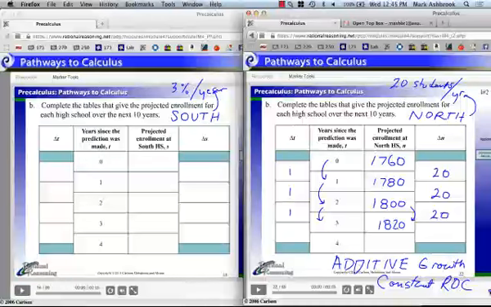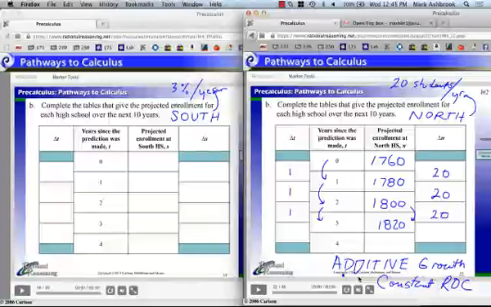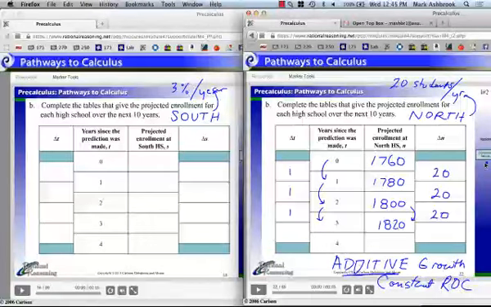So when you have constant rate of change, you always add the same number every time you increase the input. You add the same number to the output, or subtract. It could be subtract, okay? Is it exponential growth? No, because we're not multiplying, we're adding 20 every time, and that's constant rate of change. A different type of growth.